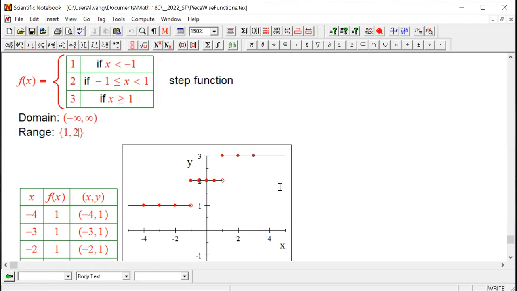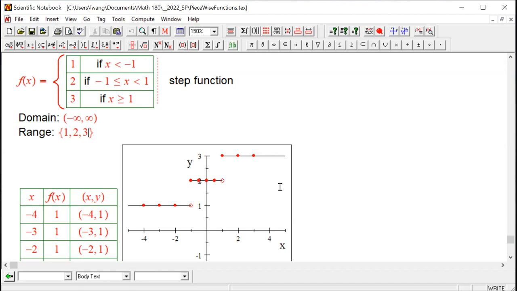So for all the inputs we can possibly have, the output is 1 or 2 or 3. No other possible values. Okay, so that's a piecewise function.